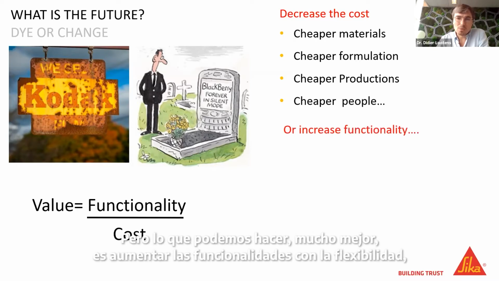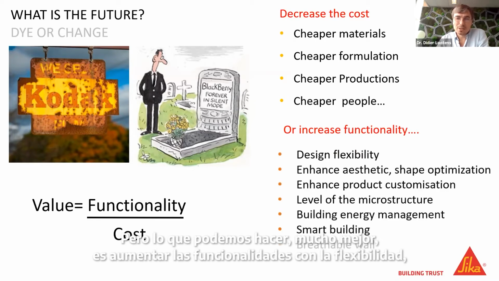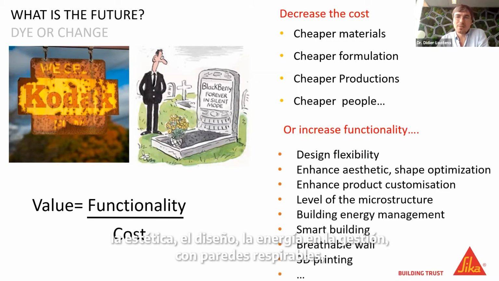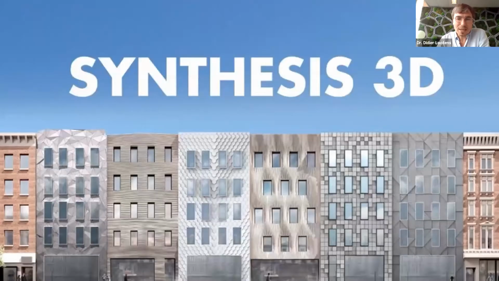But what we can do much better is to increase the functionalities with flexibility, aesthetics, design, energy management, breathable walls, 3D printing. There are many ways to increase the functionalities, and this is what this talk will cover for facade elements. Here is an example of a facade element made today.